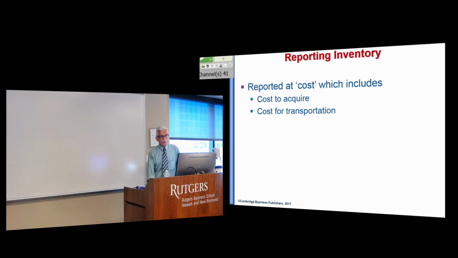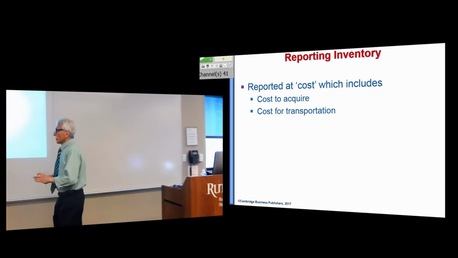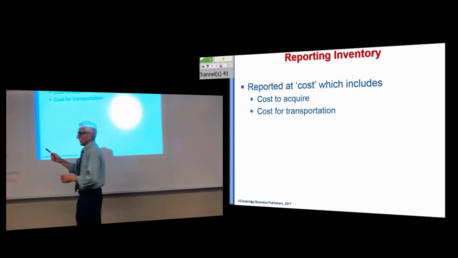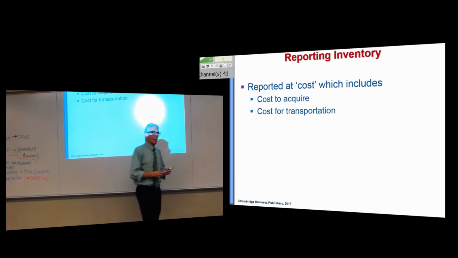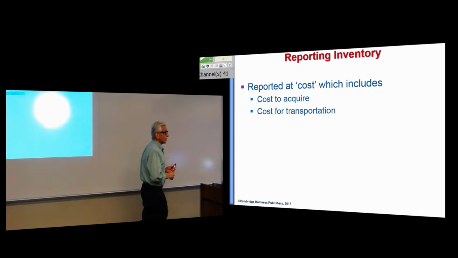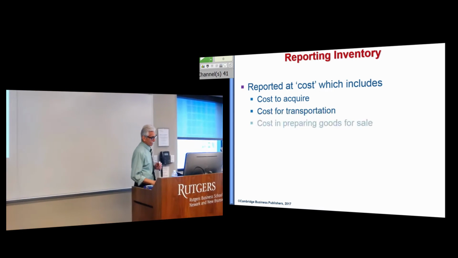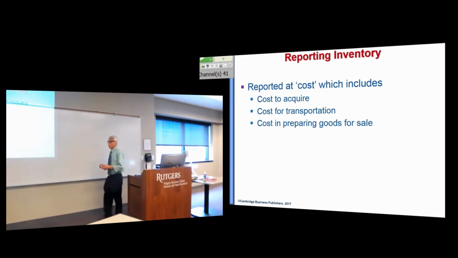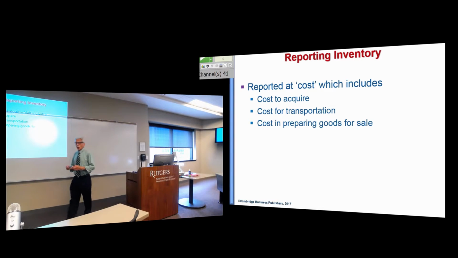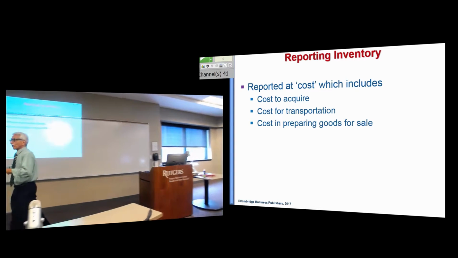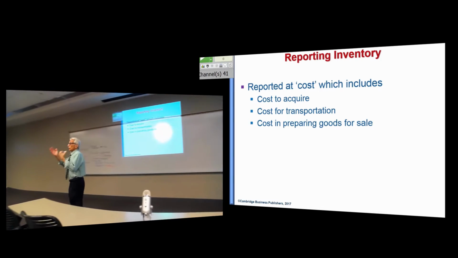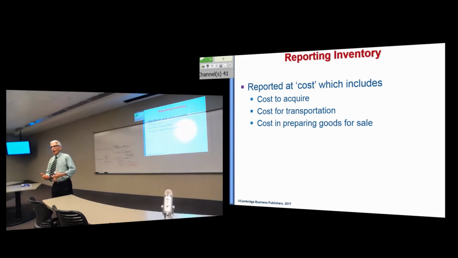Now, here are the other reasonable and necessary expenditures. Do you add transportation into the inventory cost? You probably should, but it depends on the company's policy. What about packaging? If you have to repackage the goods, so you get a shipment, a container comes in Port Newark, your trucks pick it up, you bring it back to your warehouse, you unload it, maybe you repackage it.